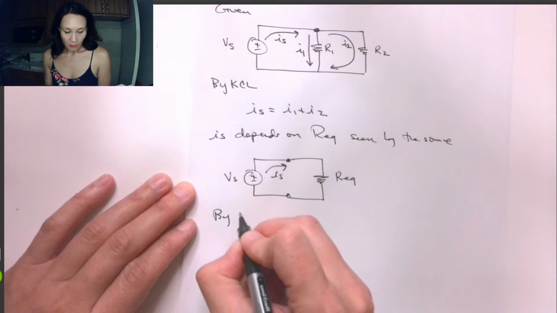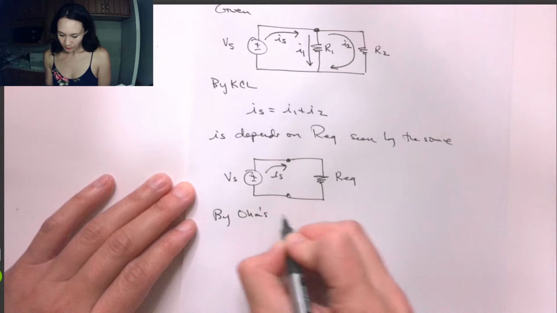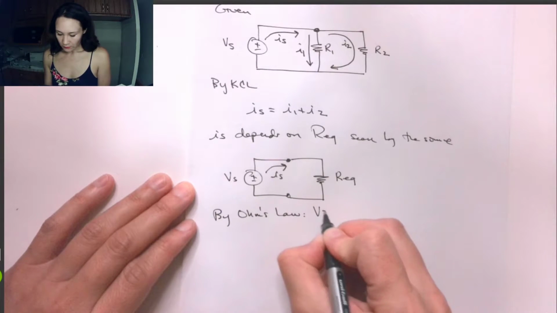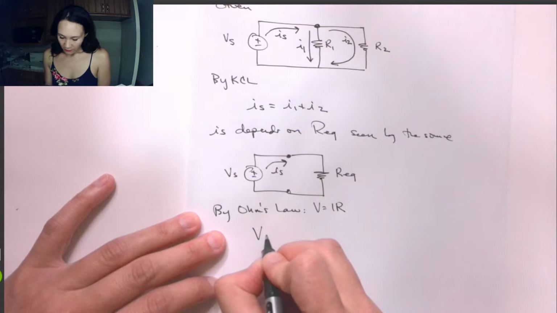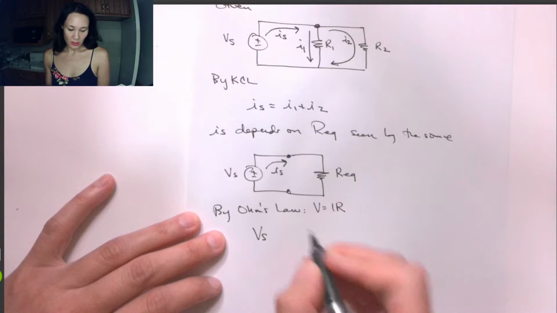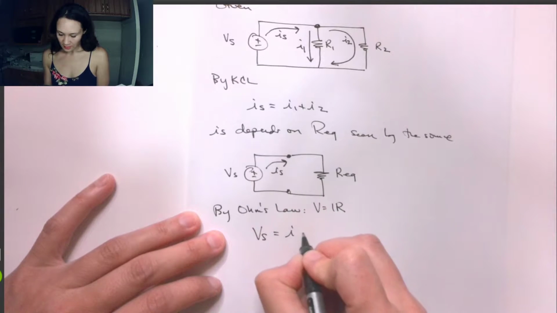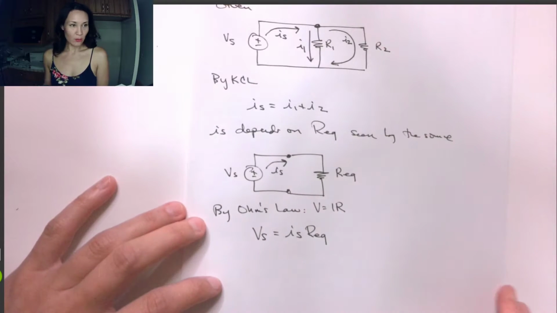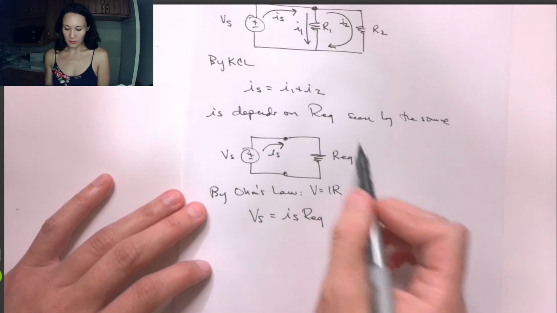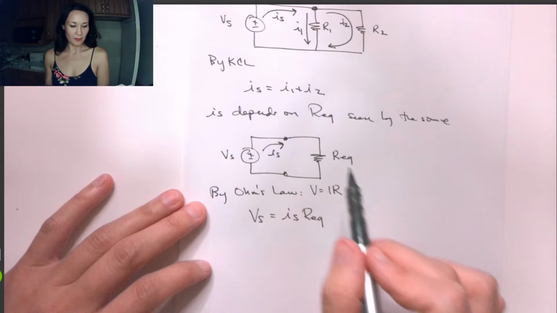So we can say by Ohm's law, which is V equals IR, we have that our V is the source voltage, our current is Is, and the R here is our equivalent. That's just applying Ohm's law to the equivalent circuit.